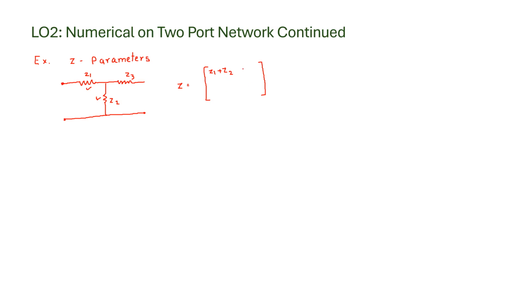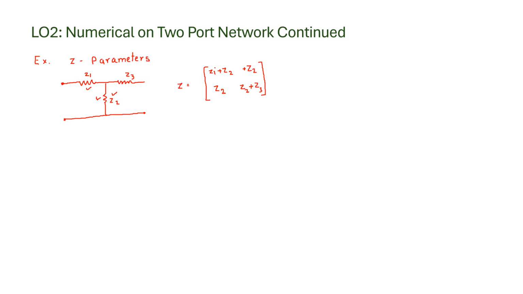Z12 will be Z2, not minus, simply Z2, which is common for the two loops. Then Z21 will also be Z2, and Z22 will be Z2 plus Z3.